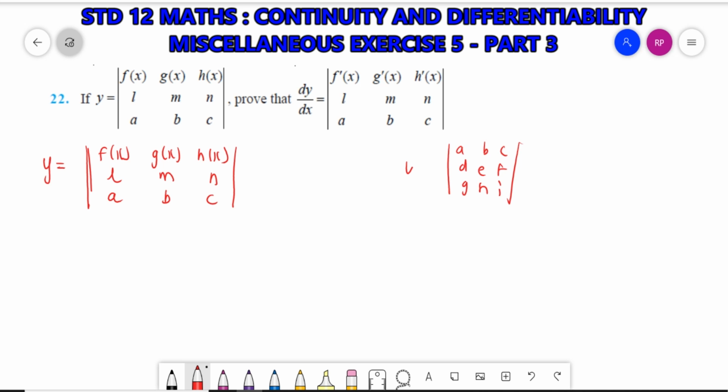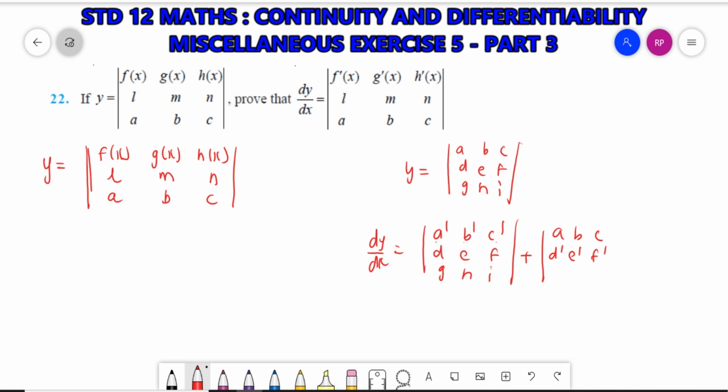If this is y, then dy by dx will be a dash, b dash, c dash, means differentiating the first row, and d, e, f, g, h, i as it is, plus a, b, c, now differentiate the second row, d dash, e dash, f dash, g, h, i. And the third time, differentiate the third row and keep the first two rows as they are. So one by one, you have to differentiate all the rows.